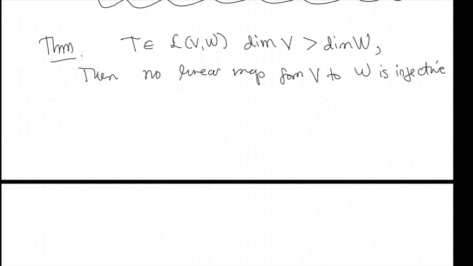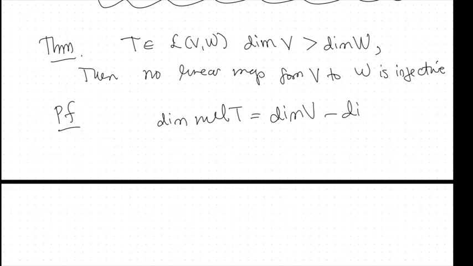Why? Because this is a bigger space. Our proof runs this way. The dimension of null T is just the dimension of V minus the dimension of range T. So this is greater than or equal to the dimension of V minus the dimension of W, because W is a bigger space.